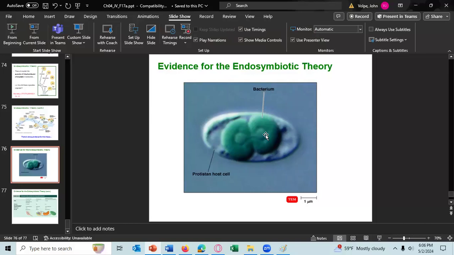The amoeba go out and then they swallow a bacteria, engulf a bacteria, bring it inside the cell, and then feed the bacteria glucose. And then the bacteria make ATP out of the glucose and then share it with the amoeba.